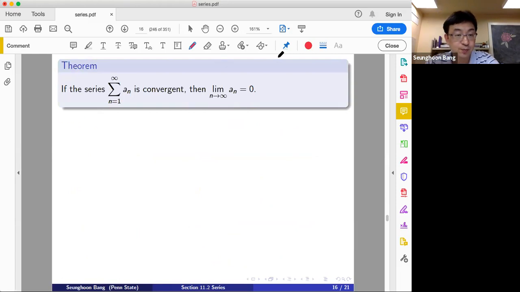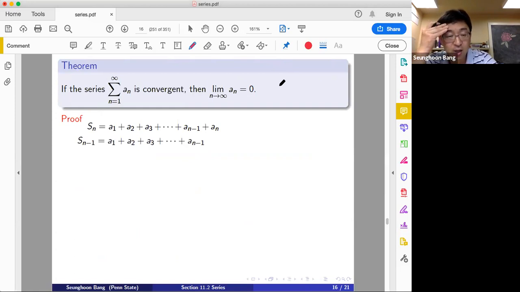It's true. Proof: you can think about Sn, a1 plus a2 plus a3, keep going, up to a sub n minus 1 plus an, like a partial sum. We think about S sub n minus 1. S sub n minus 1 only adds the first n minus 1 terms: a1 plus a2 plus a3 up to a sub n minus 1.